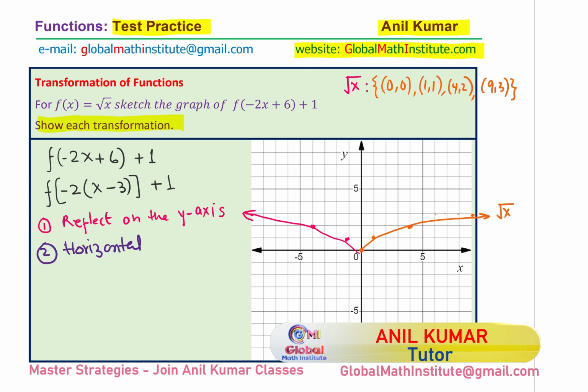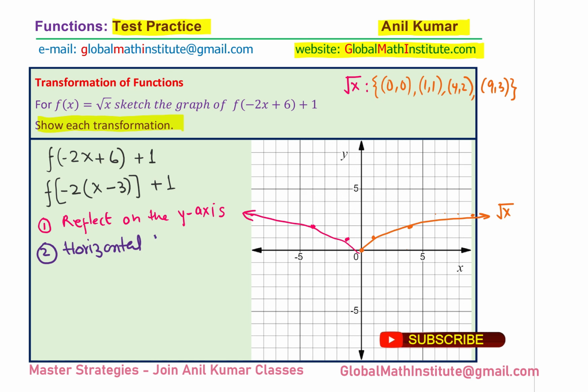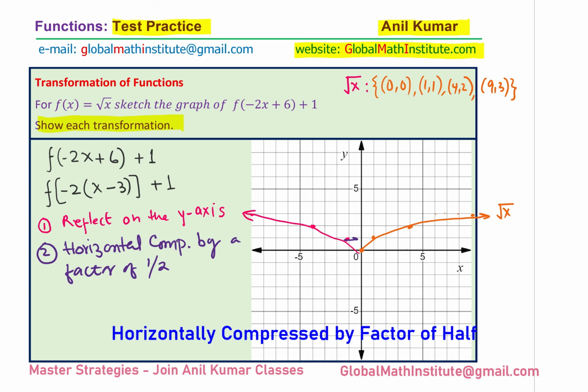It is a horizontal compression by a factor of 1 over 2. That really means that all these points will be compressed to half the distance. So we move them like this, do you see that? 9 comes to 4.5. So this point comes to 4.5.